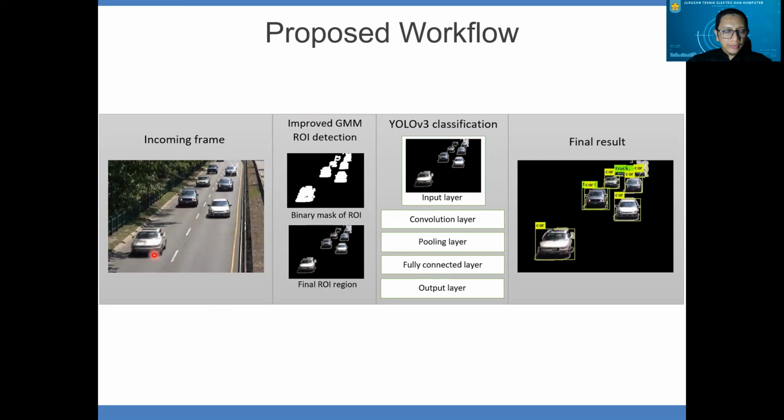So instead of using the full dimension, we give these pictures to the YOLO V3 classification. In other words, we only give the moving area to YOLO, and we remove the static region because it is not important for us. Finally, using this as an input, YOLO V3 will output the classification results like this, for example, car, and so on.